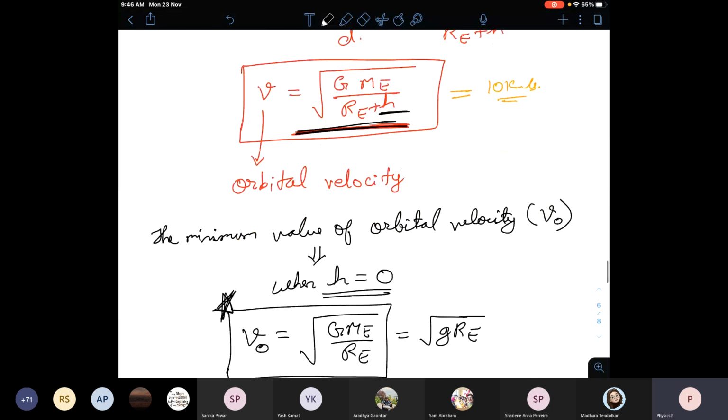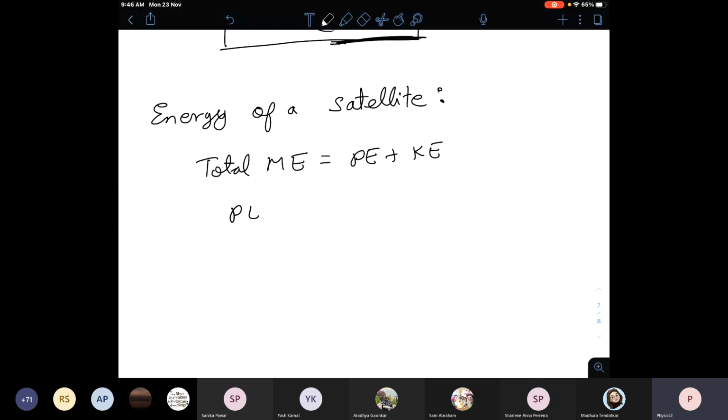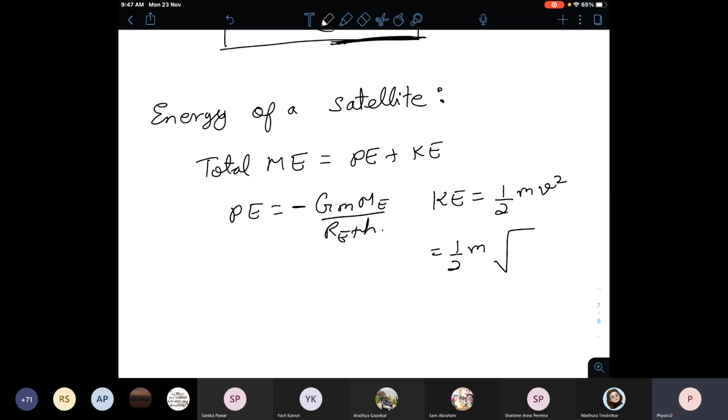And the kinetic energy can be written as half m v orbital square. Now what is v orbital square? We have the orbital velocity as under root of G Me upon (Re plus h), whole square. This will be the kinetic energy of the satellite.